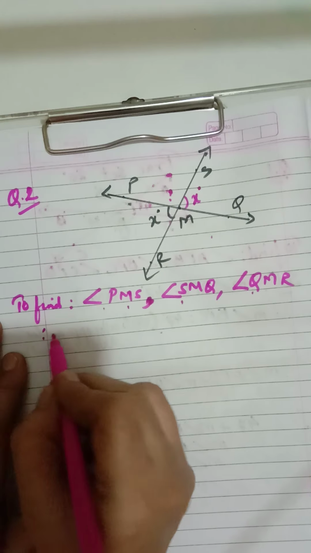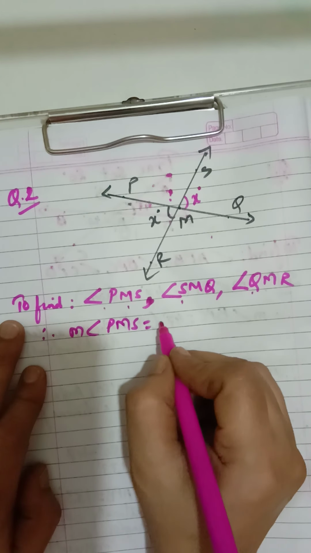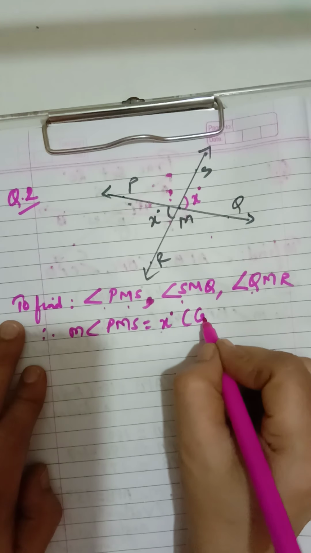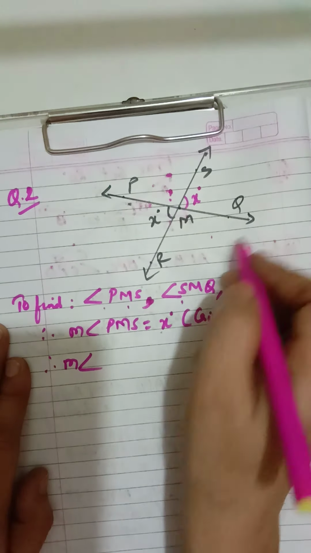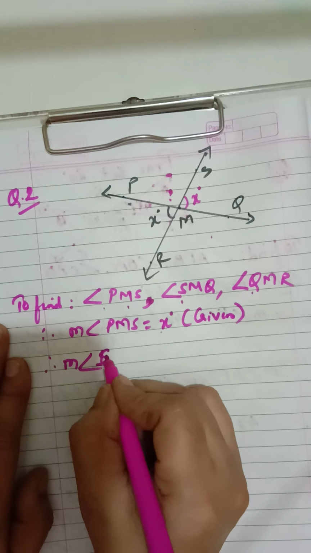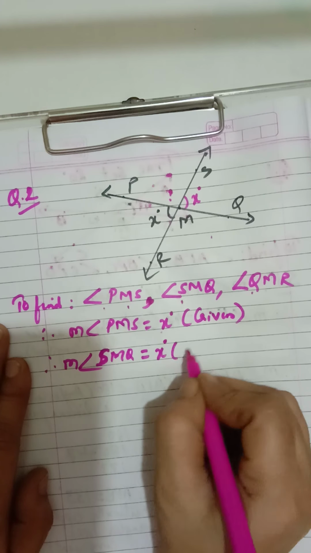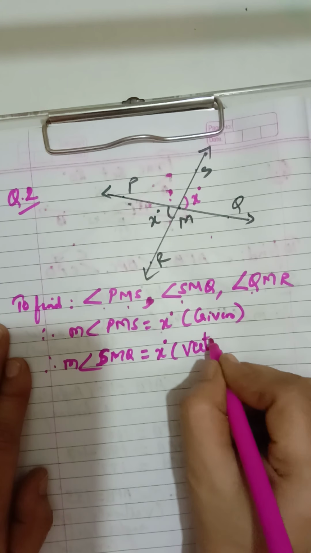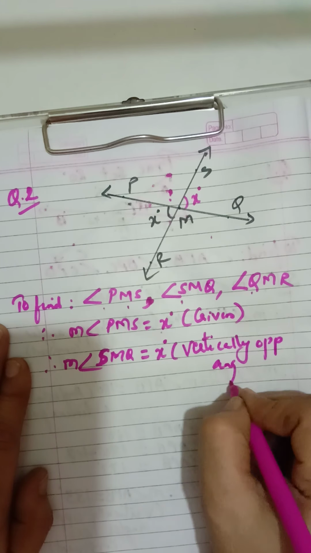So we will write here, given measure angle PMR is equal to x degree. Therefore measure angle SMQ will be equal to x degree. Why? Because they are vertically opposite angles.